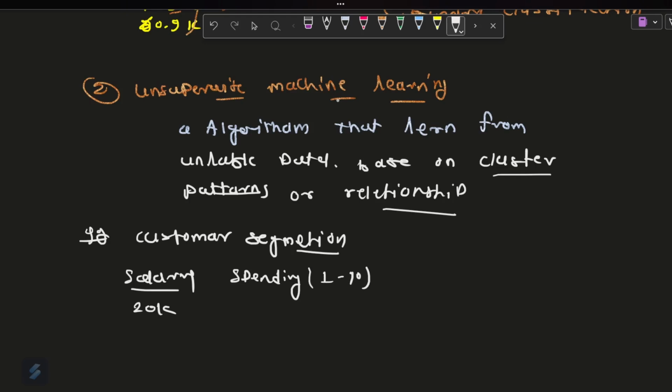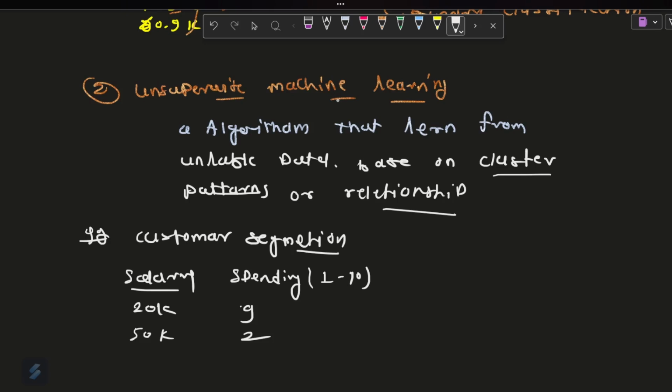How much you spend, we don't know. Let's consider that with a salary of 20,000 the spending is 9, and with 50K the spending is 2. So we can't understand what the output is.